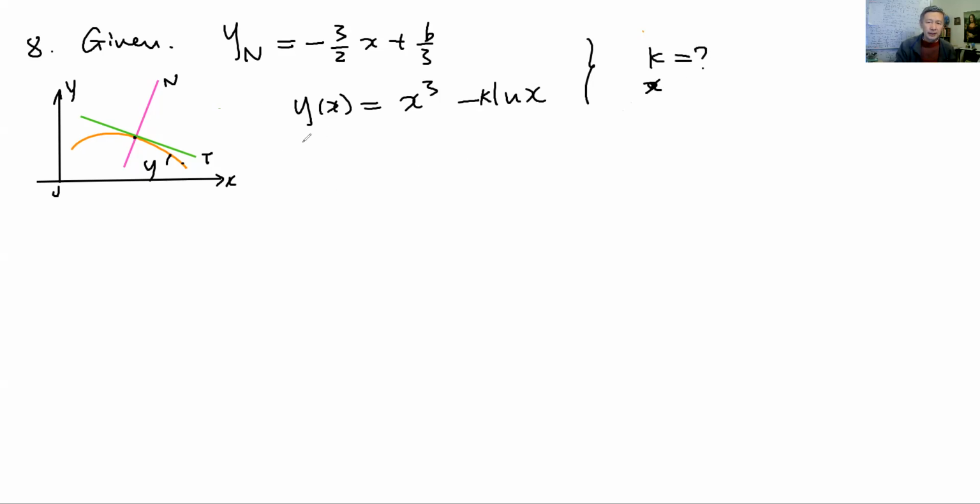No. So basically, you find the first derivative dy/dx, equal to 3x squared minus k over x. Yes, and that will be the tangent at this particular position. I'm talking about the tangent; this is the first derivative.